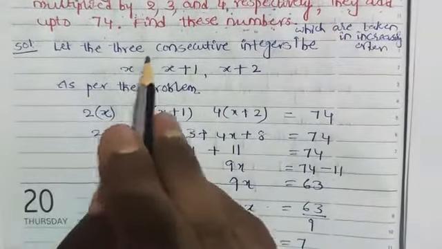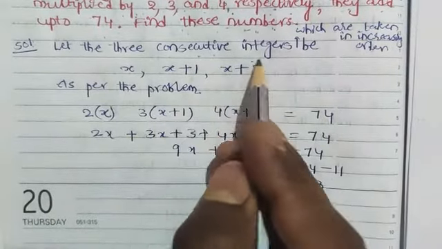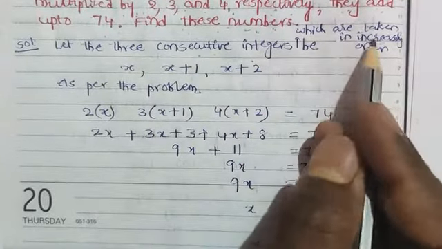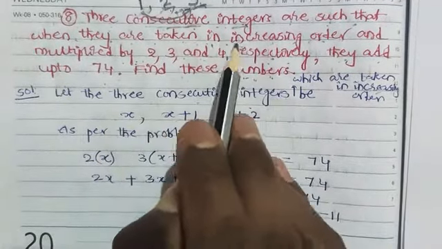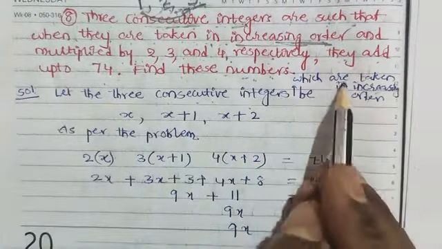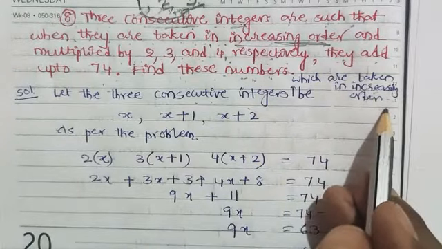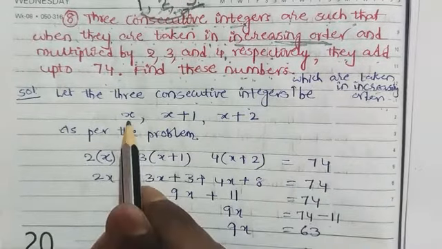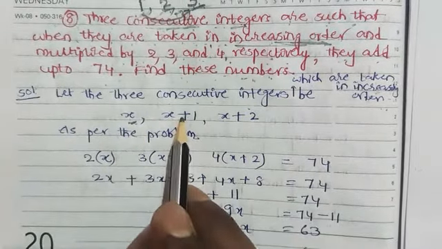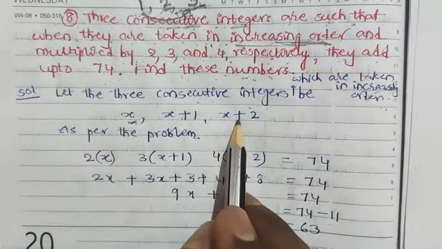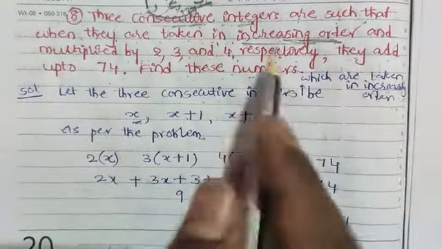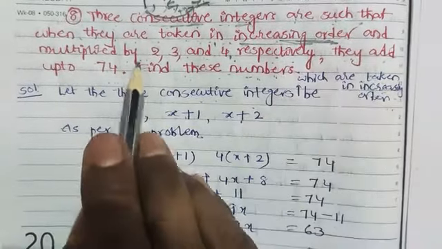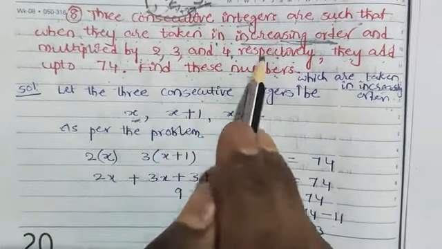So in the solution, let the three consecutive integers, taken in increasing order, be x, x plus 1 and x plus 2. Here it is clearly mentioned that we should take them in increasing order only. After that, as per the question, multiply by 2, 3 and 4 respectively.